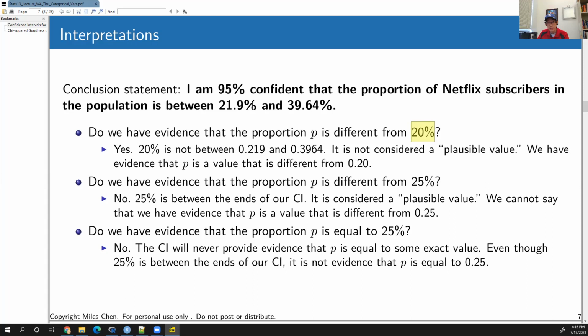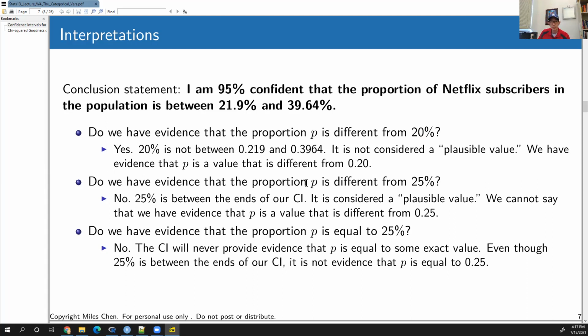It's not inside my interval, and therefore I do have evidence that it is different from 20%. So the answer is yes: 20% is not between the ends of the interval, it's not a plausible value, and we have evidence that it is different from 20%.